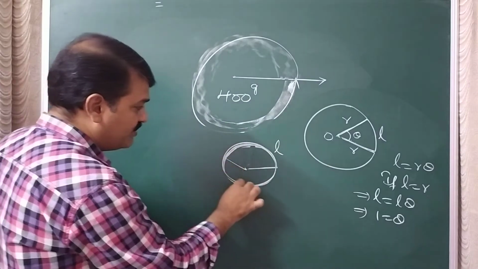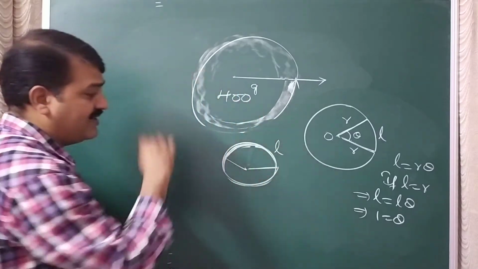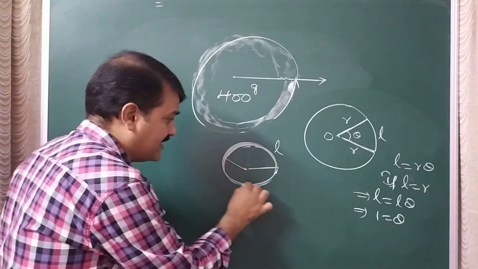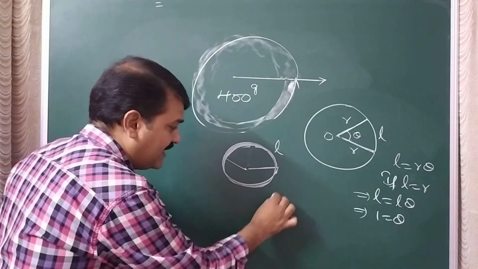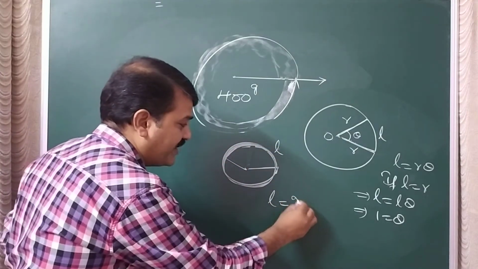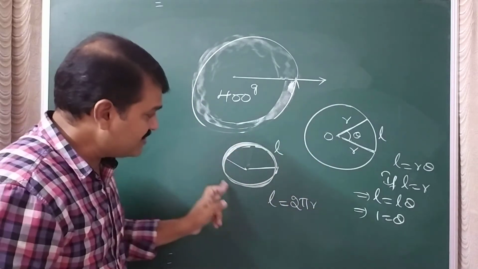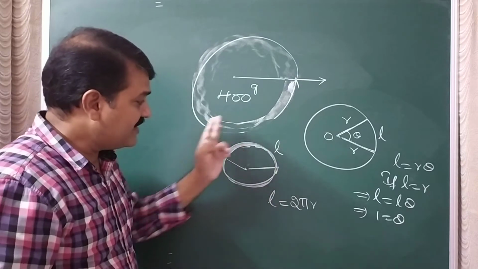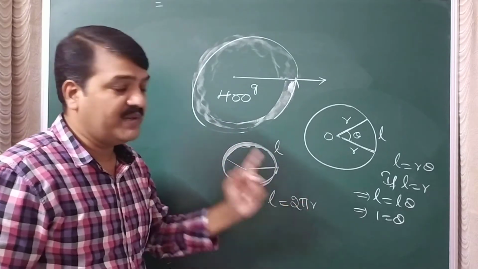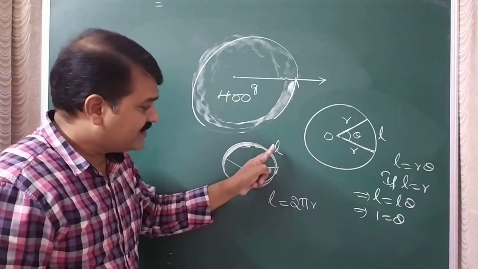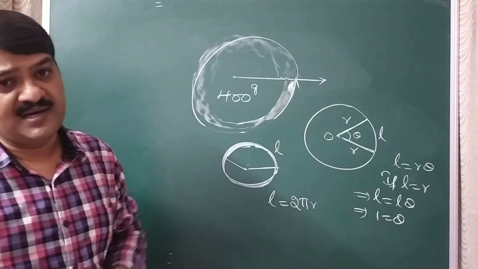What is going to be this length L value? If I take the complete circle like this, then the length of the arc is going to be 2 pi r. Why? Because if I take the full circle, the circumference of the circle is nothing but 2 pi r. So for the complete circle, this L is going to be 2 pi r.